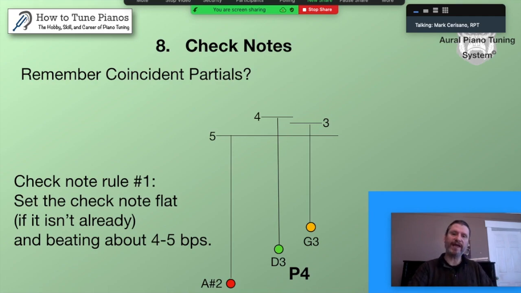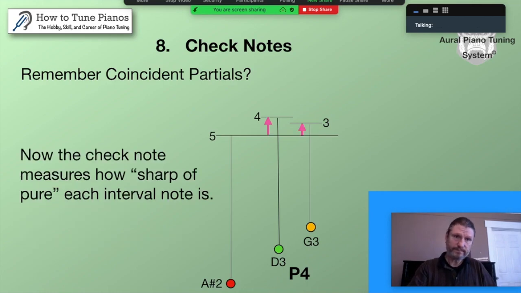So here we have our A sharp 2 flat from pure of both the D3 and the G3. Now the check note will measure how sharp of pure each interval note is, how sharp of the fifth partial each interval note's coincident partial is. That's the pink arrows.